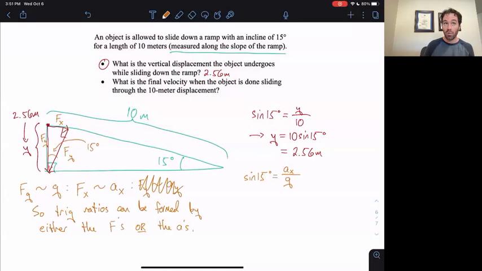That's 9.8. I'm writing a symbol for it, but we really know what it is. That means ax equals g times sine of 15 degrees, 9.8 times sine of 15. Sometimes I write the degree symbol, sometimes I don't. It's a free country.